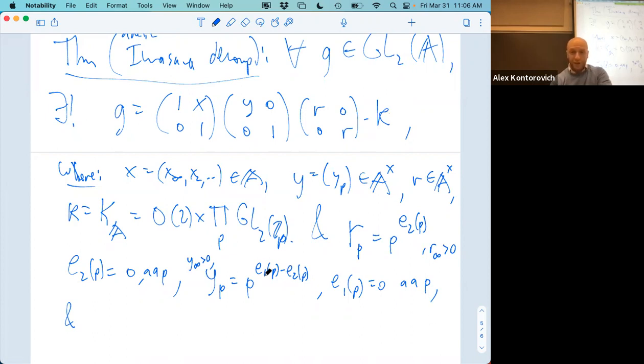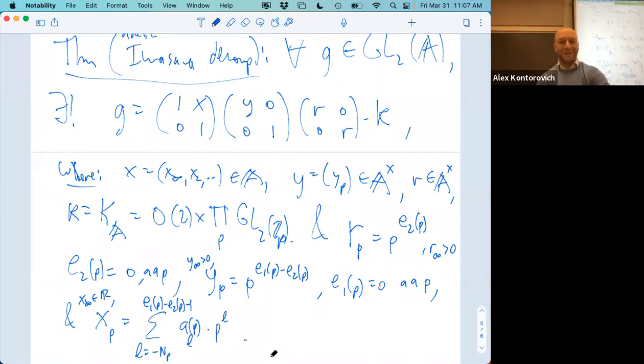Once I know what the e1 and e2 are, X infinity is just in R. There's nothing I can do about X infinity. And X_p is a sum of some coefficients a_l times p to the l, where l ranges from minus n_p up to e1 of p minus e2 of p minus 1. It was minus 1 that we wanted as the last power.